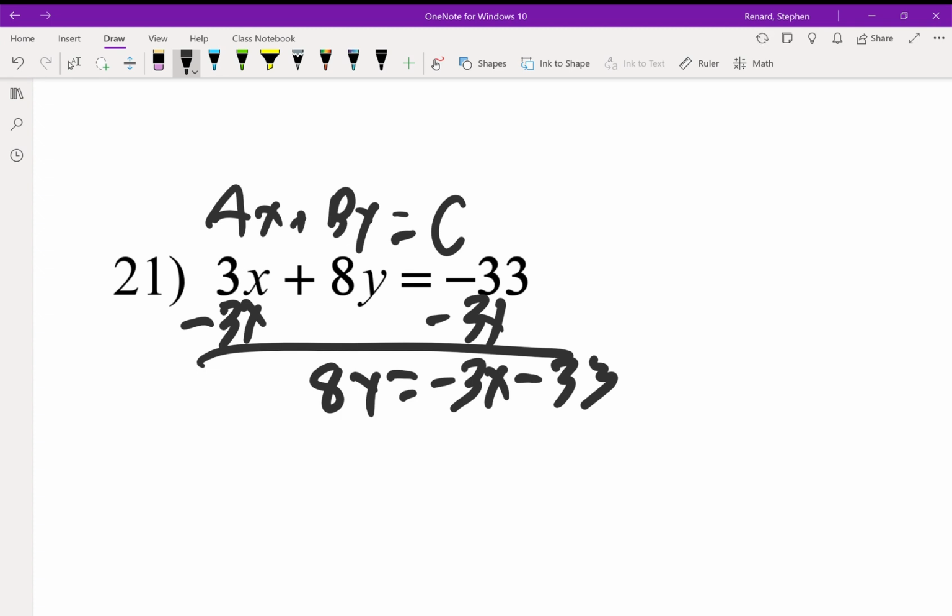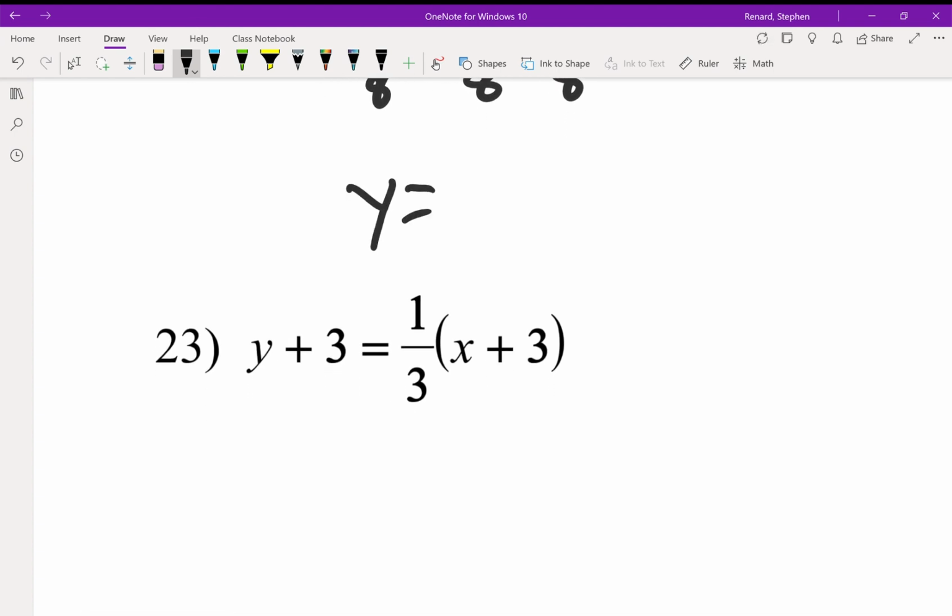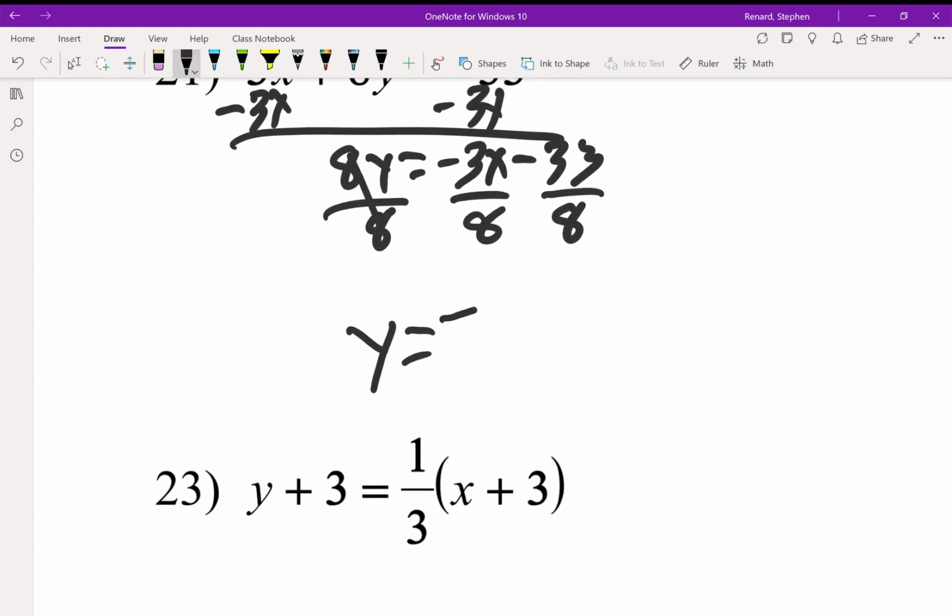So getting it to a point where all we have to do is dump the coefficient for y is pretty easy. And that's exactly what we're going to do. Divide both sides by 8. And we end up with y equals negative 3/8 x minus 33/8.